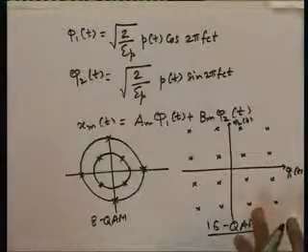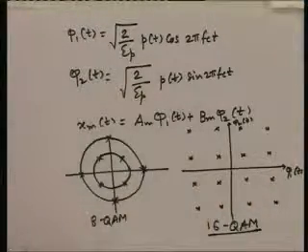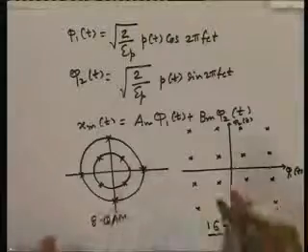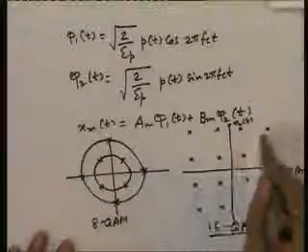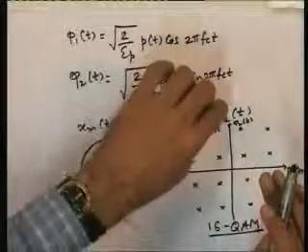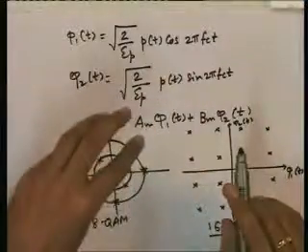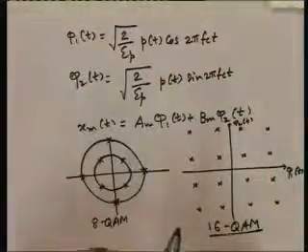Another advantage of these modulation techniques is that you need not have signal generators for all these points separately. You just have a signal generator which generates phi 1(t), and another signal generator which generates phi 2(t). Then you multiply this signal with some a_m, multiply this signal with b_m, and add them and transmit.